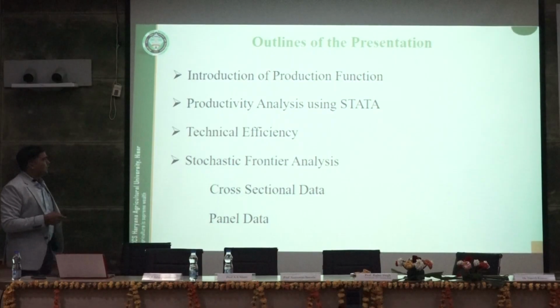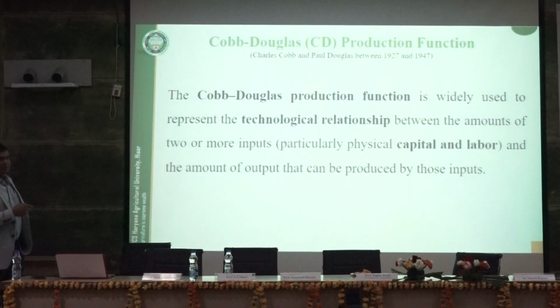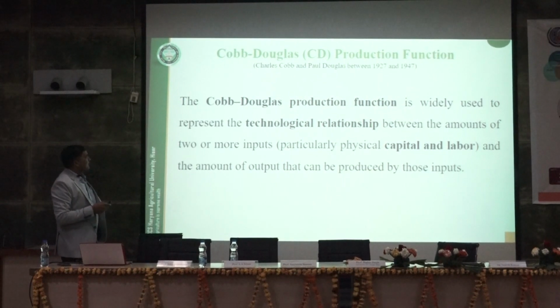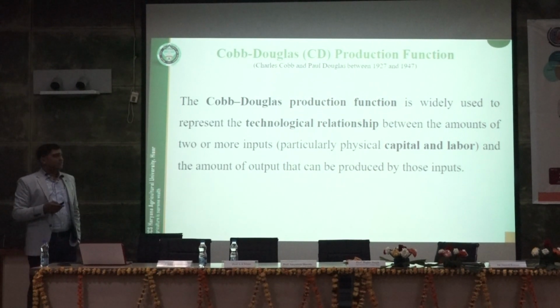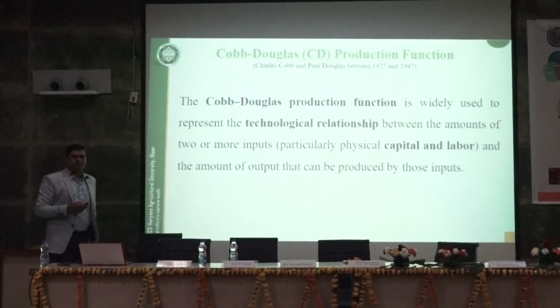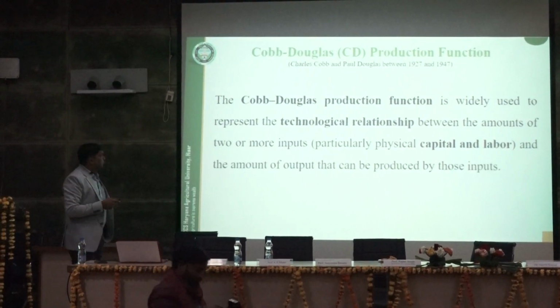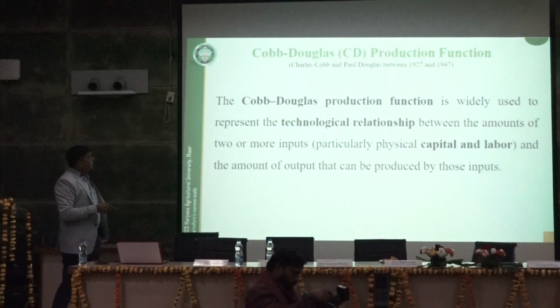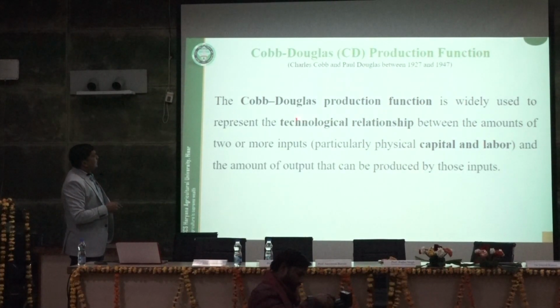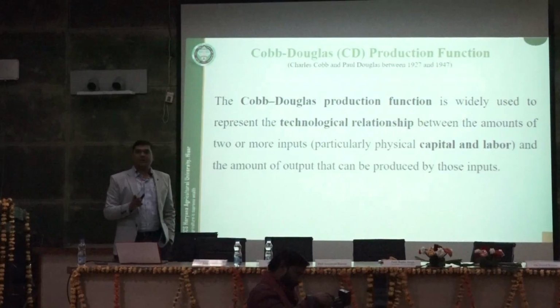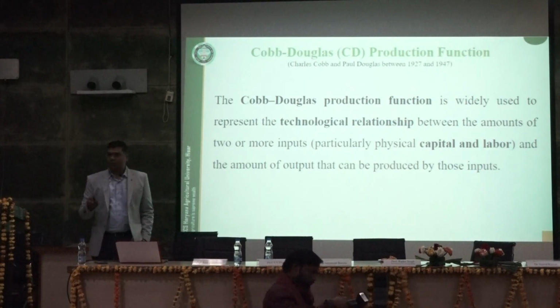Okay. For simplicity, I have used the Cobb-Douglas production function, which was given by Charles Cobb and Paul Douglas between 1927 and 1947. This Cobb-Douglas production function is the technological relationship between two or more independent variables and one dependent variable, that is output.